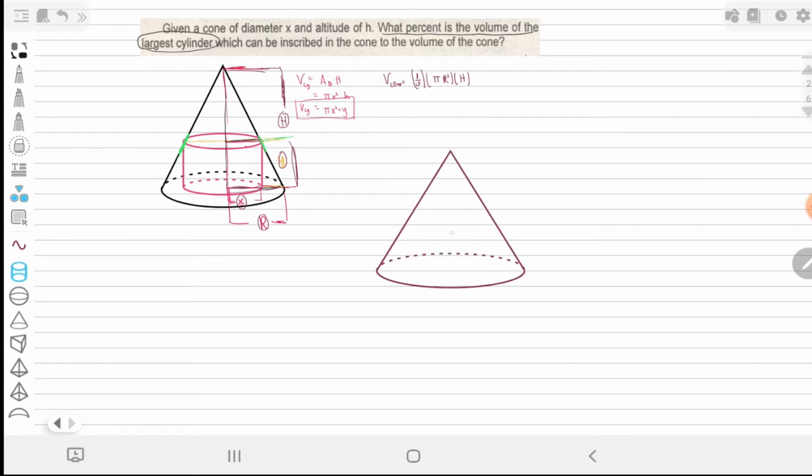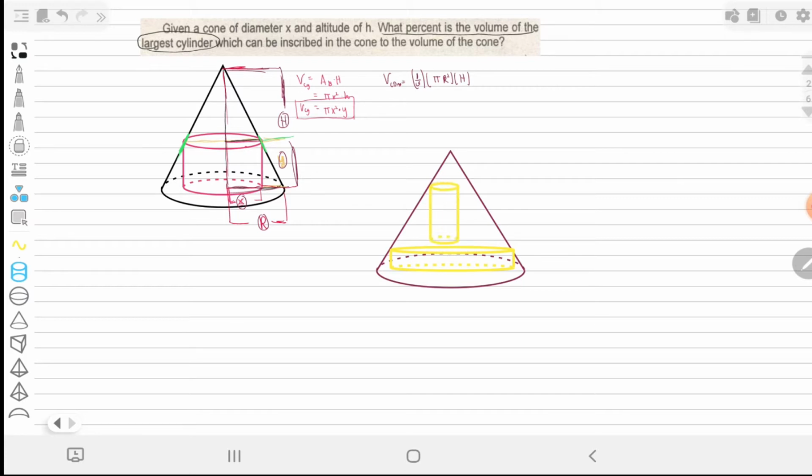So mapapansin mo guys that you can maximize yung volume ng ating cylinder. Pwedeng ganyan. Pwedeng ganito. Siyempre, pwede rin ganito.